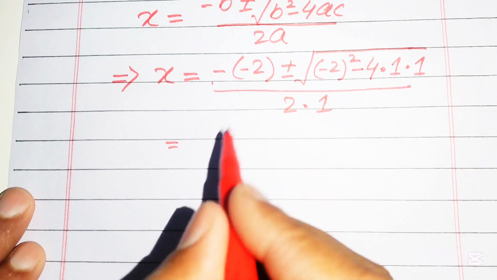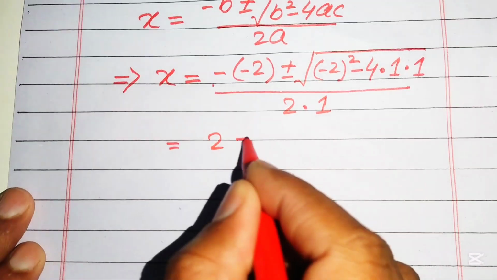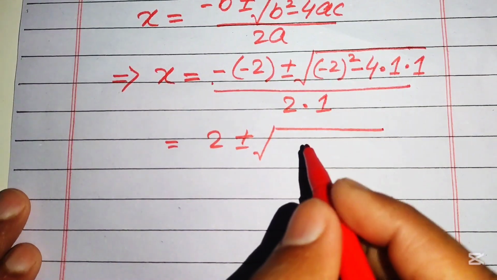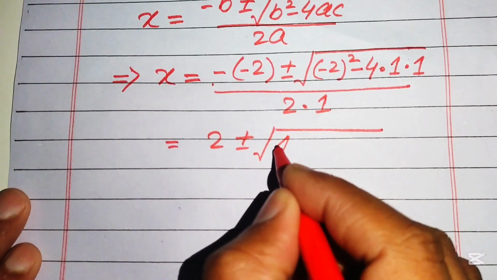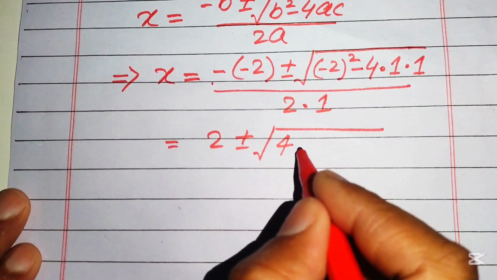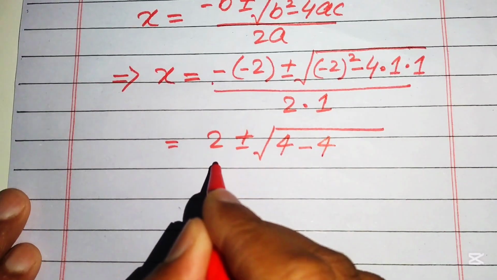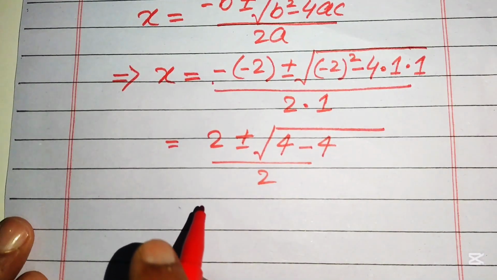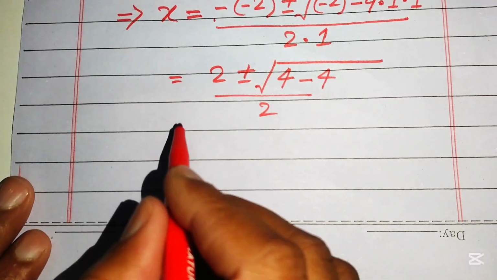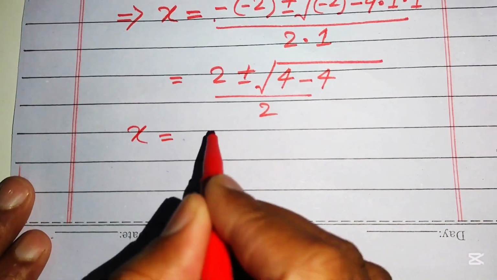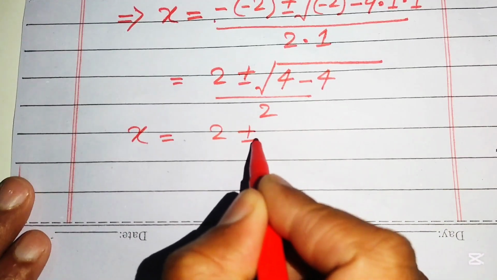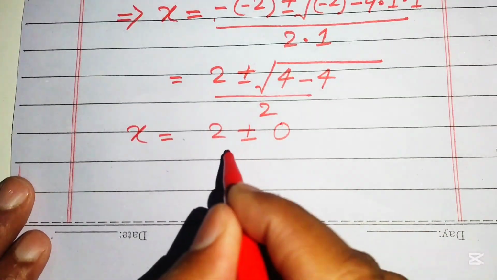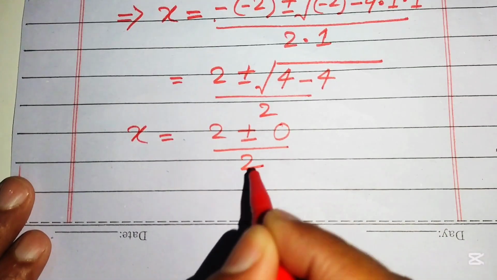Further, we need to simplify. Minus times minus becomes plus 2, and plus minus square root of minus 2 square, which equals plus 4, minus 4 times 1, which equals minus 4, divided by 2 times 1, which is 2. So x equals 2 plus minus the square root of 4 minus 4, which is 0, and the square root of 0 is 0.